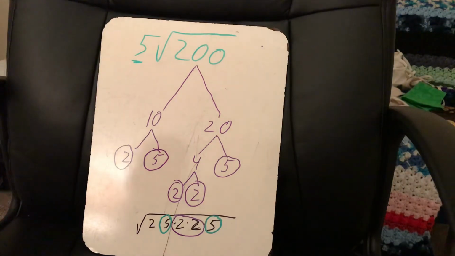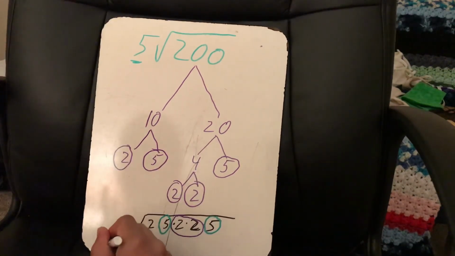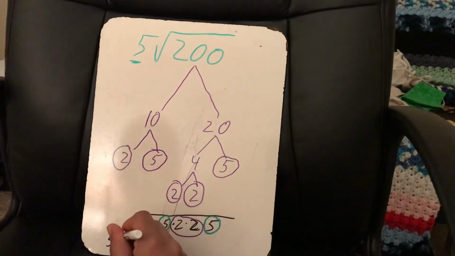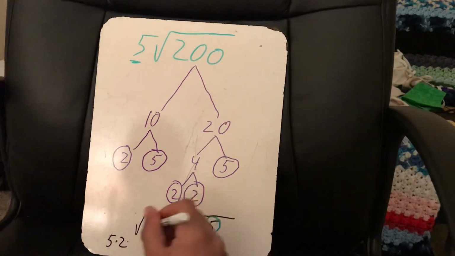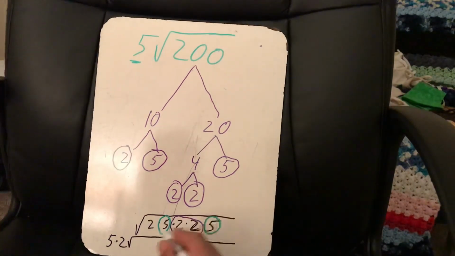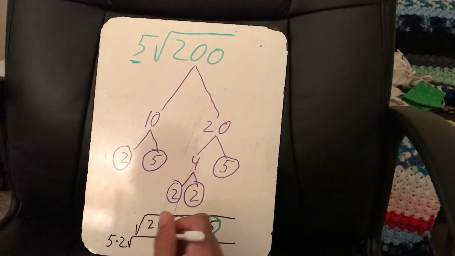So I'm going to now take out one of the 5's. So I'm going to write it out here. So I have 5. I'm going to take out one of the 2's, times 2. And then we're going to have radical 2. So we took out 1 five and 1 two. Then we're going to be left with a 2 underneath here.